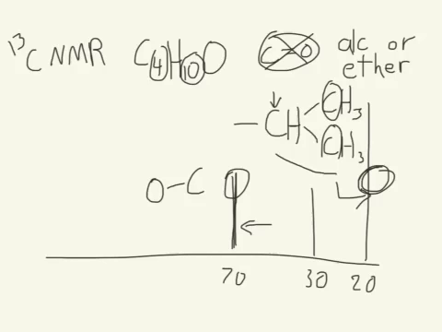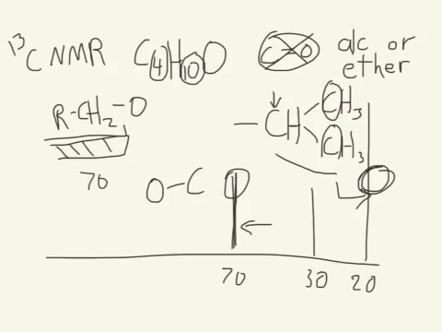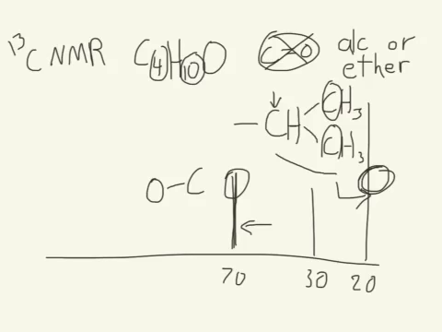And if you look at your little chart that shows where different kinds of carbons show up, the area for a carbon bonded to an oxygen is centered right on 70. Our chart also tells us that a CH is likely to show up anywhere between 30 to 50. So this peak at 30 is within that acceptable range.